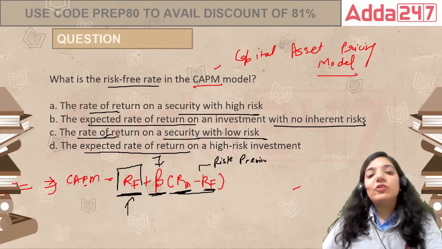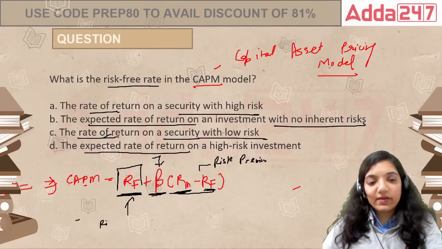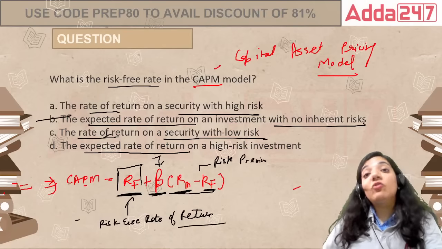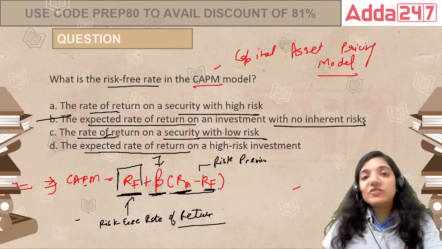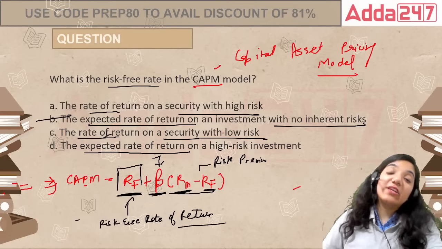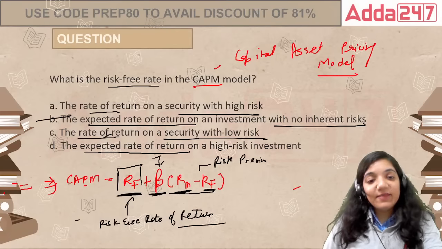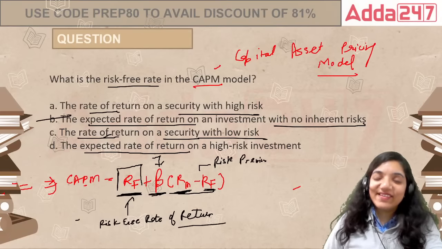See, as I told you, this RF is called the risk-free rate of return. If they say it's a risk-free rate of return, then it is the one which has no inherent risks. The plus point of the CAPM model is that you choose what kind of risk premium you are ready to take up. Okay? So that's the formula, everyone.